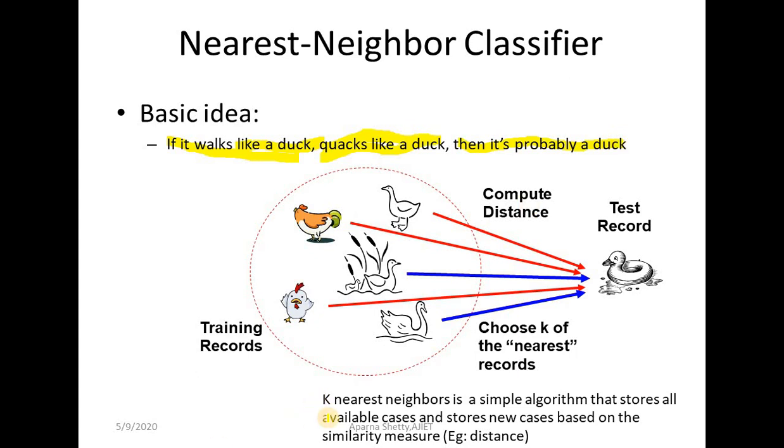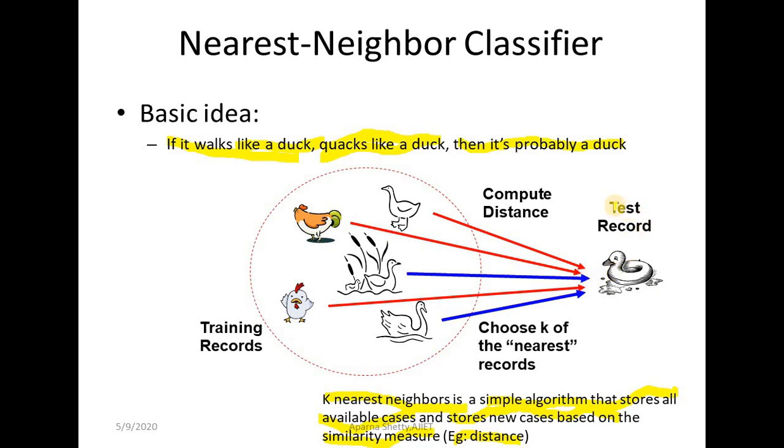K nearest neighbors is a simple algorithm that stores all the available cases. It stores all the previous records and classifies new cases based on a similarity measure. The similarity measure over here is distance. For example, these are the training records and this is the test record.